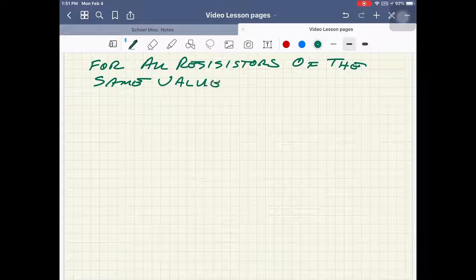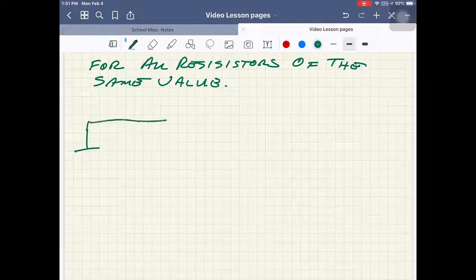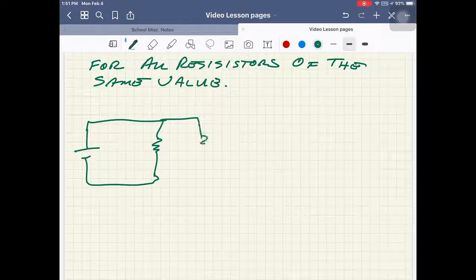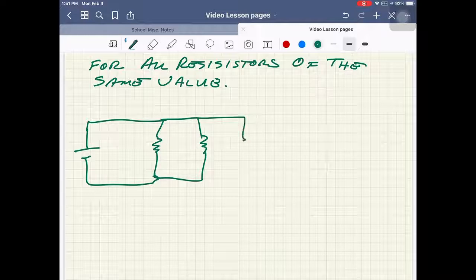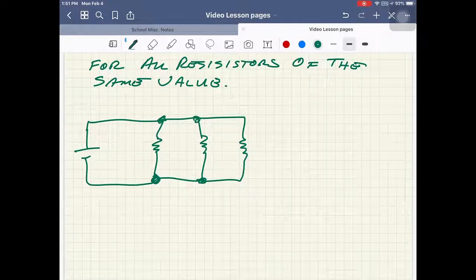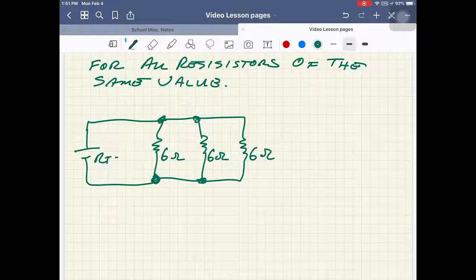This is the only way this will work. So let's do 3 branches for this one. Let's say they're all 6 ohms. I want to find RT.